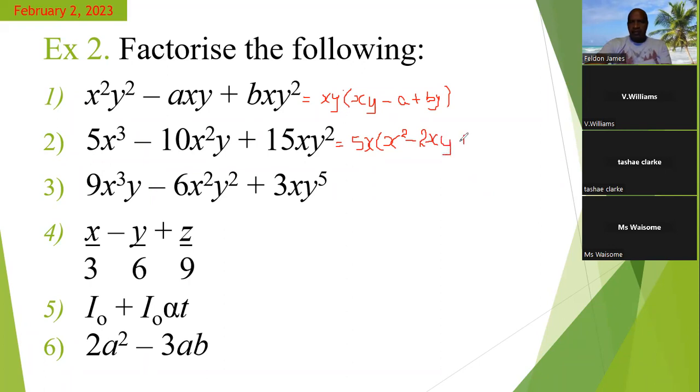All right, continue. Then 15x y squared divided by 5x, I would get 3xy. So you get 3xy squared.